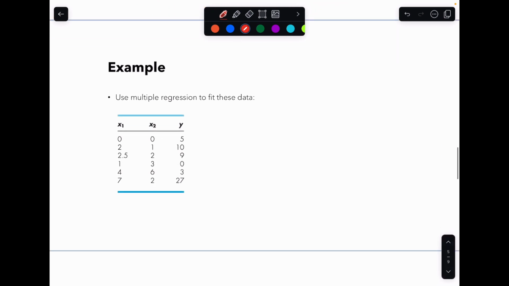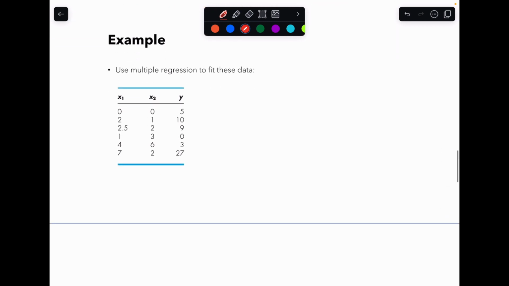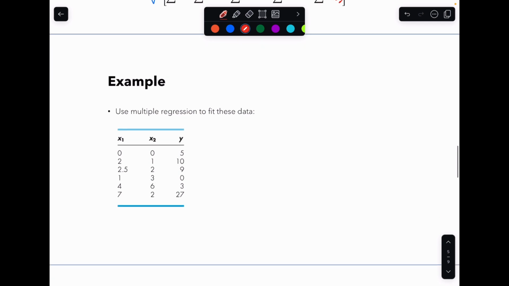So let's have our example. Use multiple regression to fit this line, and let's also compute for r, the correlation coefficient. We have two independent variables here, x sub 1 and x sub 2, and we have the dependent variable y. How many data sets do we have? 2, 4, 6.